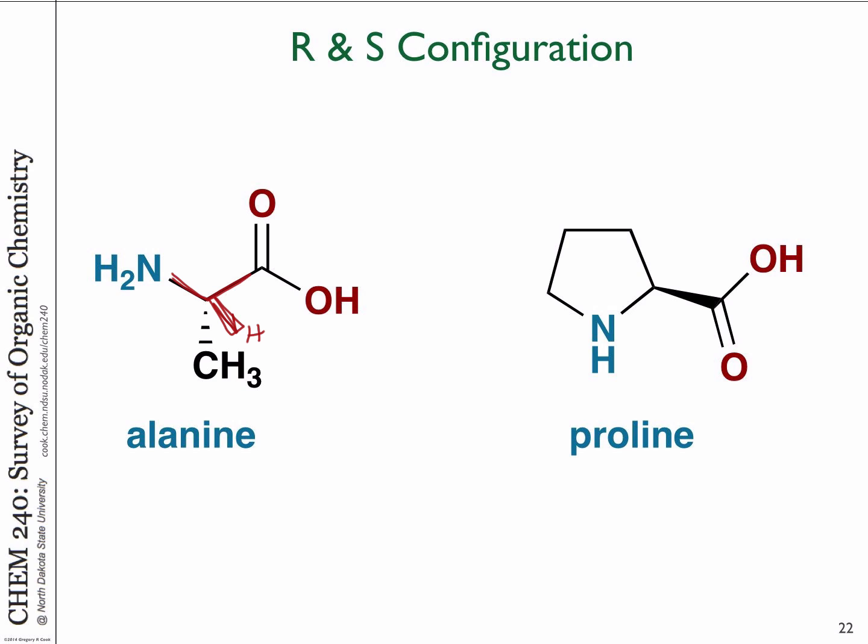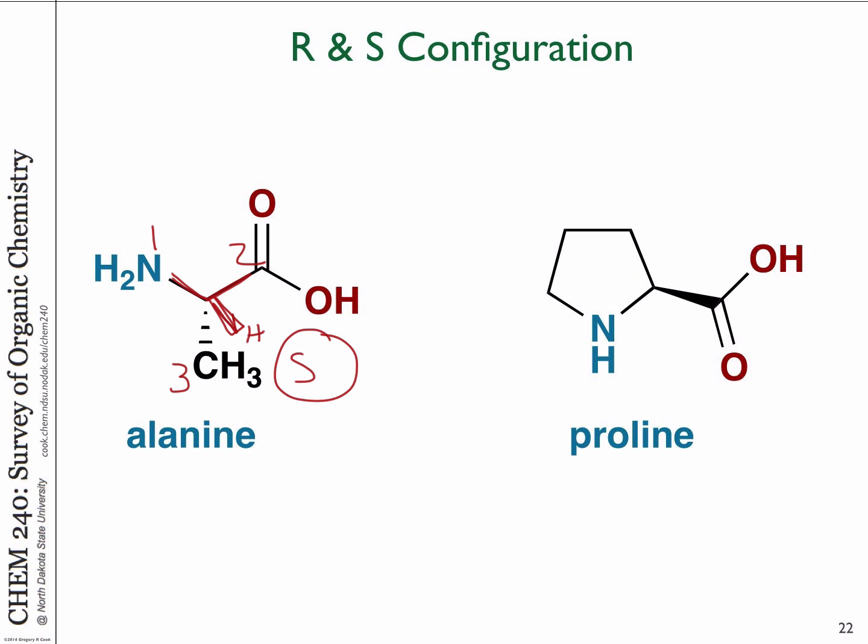We haven't changed the orientations of anything else. So this is still 1, this is still 2, this is still 3, and hydrogen is still coming out, so we still need our left hand to do that. So it doesn't matter. What may matter is if you put things up here where it's wrong. That's where sometimes, depending on the structure, it can get bad. So don't do that. Okay, so that's S.